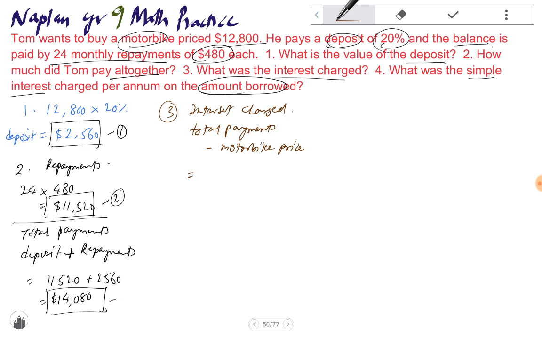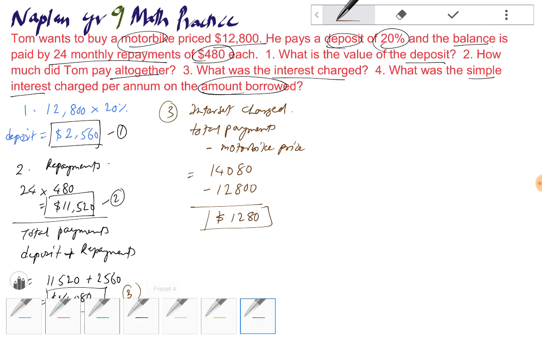This would be this number from number 3, 14,080, subtract 12,800, and we are left with 1,280. This is the interest charged.